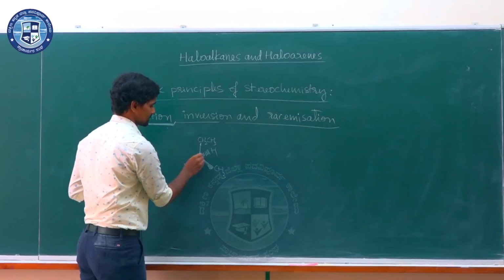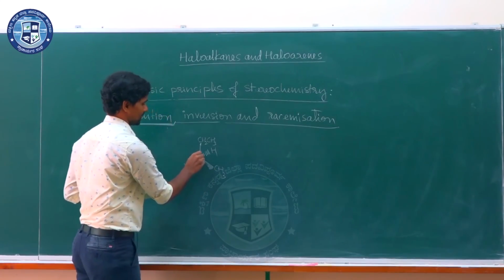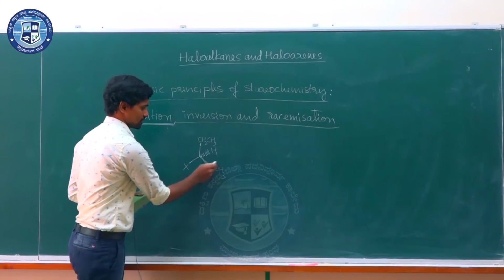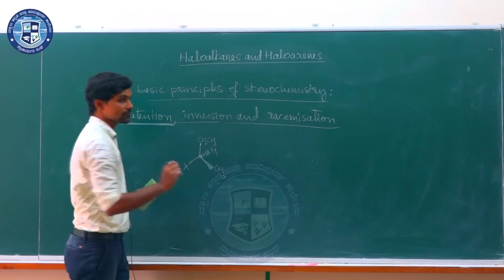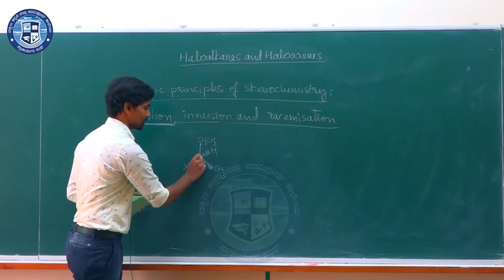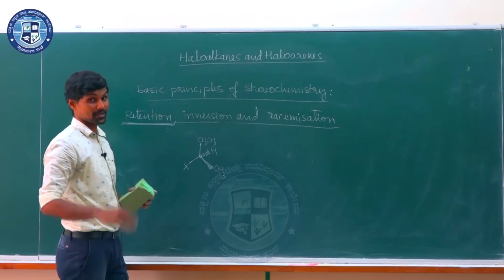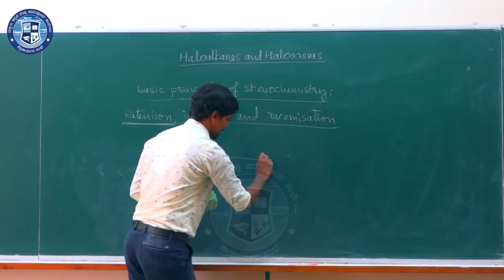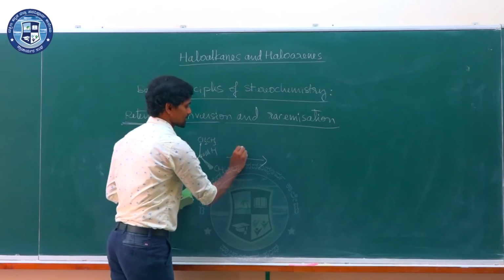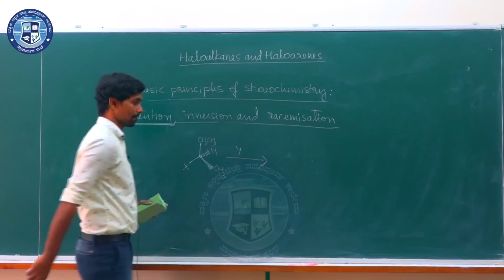You can see that this is an asymmetric carbon atom, because the CH3 group, H group, CH2CH3 and X, all 4 groups are different. So this carbon atom is an asymmetric or chiral carbon atom, and it is undergoing a reaction. Here X is replaced by a Y.